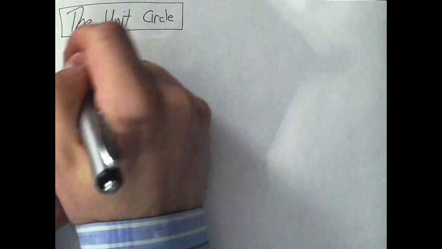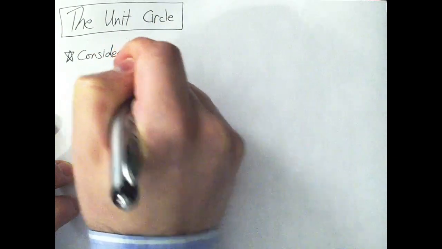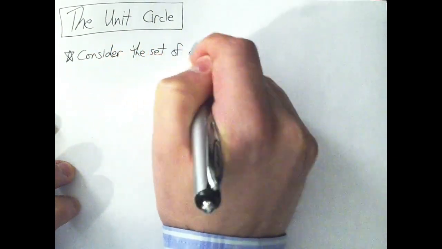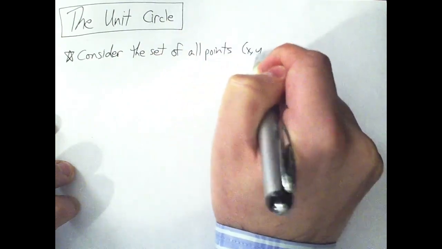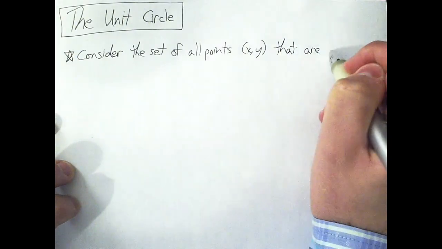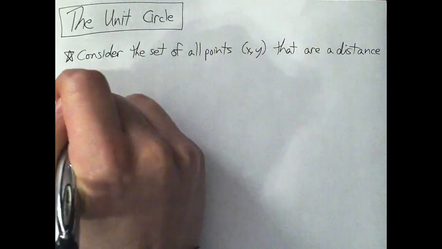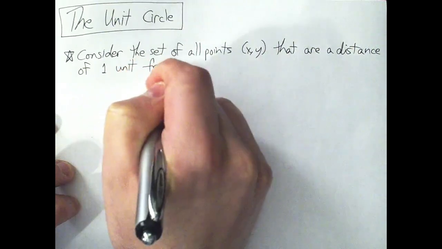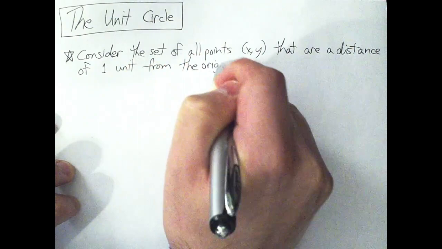So I want to start by saying, consider the set of all points (x, y) that are a distance of 1 unit from the origin (0, 0).